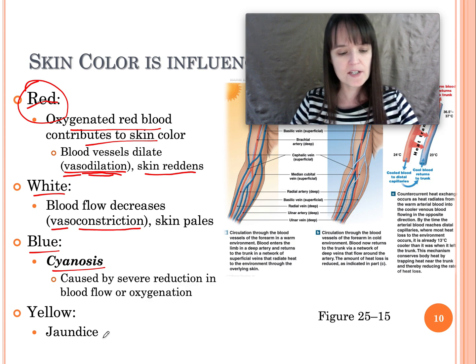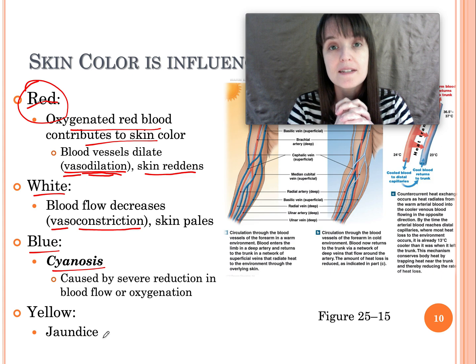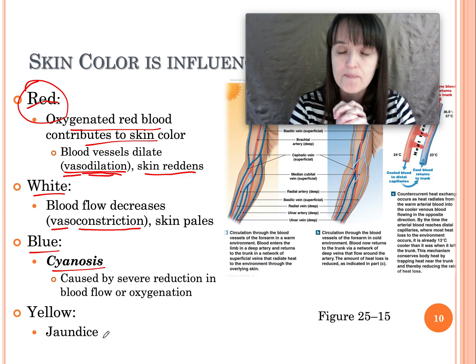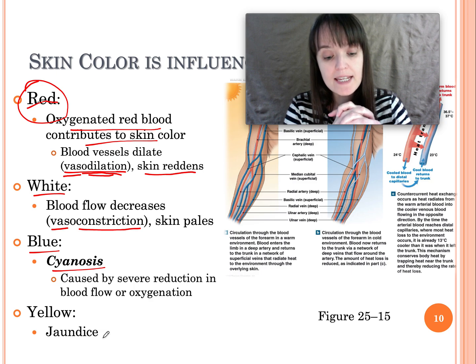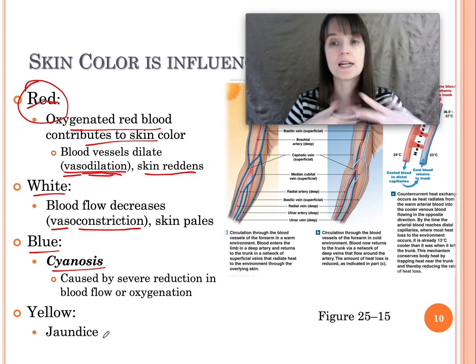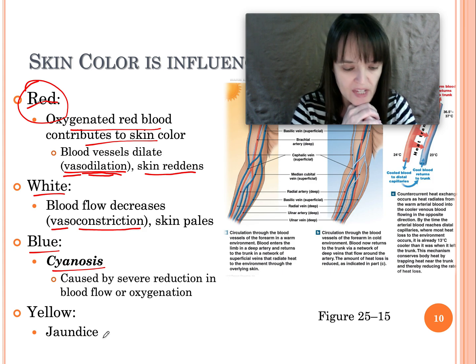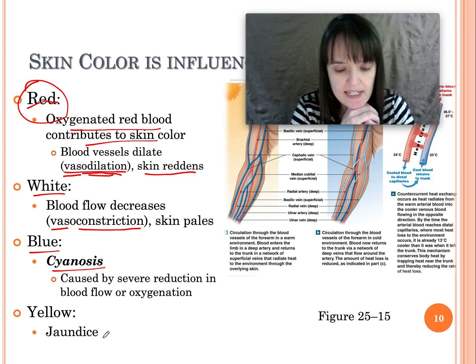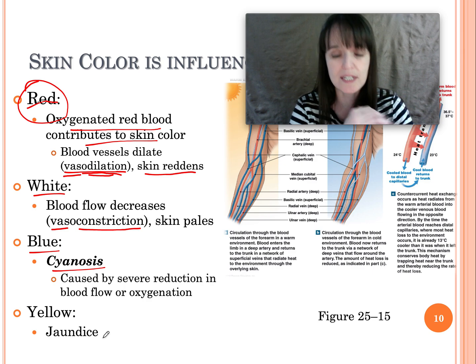And MSH is melanocyte stimulating hormone. We'll talk about it more next semester, but it does stimulate the melanocytes to make melanin. There are a few diseases that activate the MSH and will give you kind of a bronzy, dark tan look. And Addison's disease increases ACTH, which is another hormone, which acts kind of similarly to MSH and gives kind of a bronzy look.